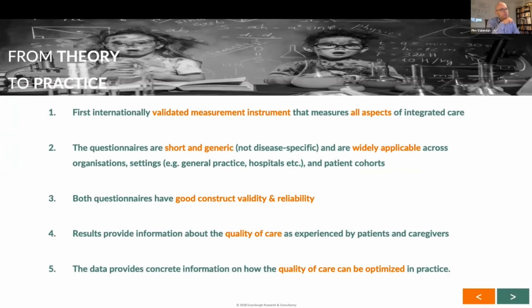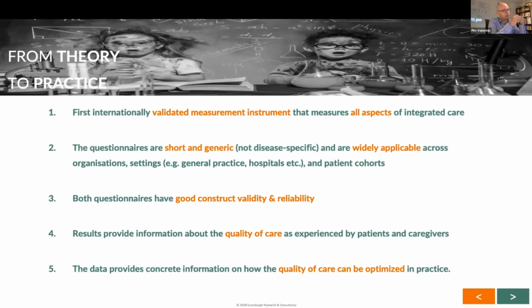Also, a lot of these instruments are very complex and that makes them unsuitable for daily practice. This instrument was used in daily practice in different clinics, and it was short and generic, which makes it applicable across different chronic diseases and patient groups.